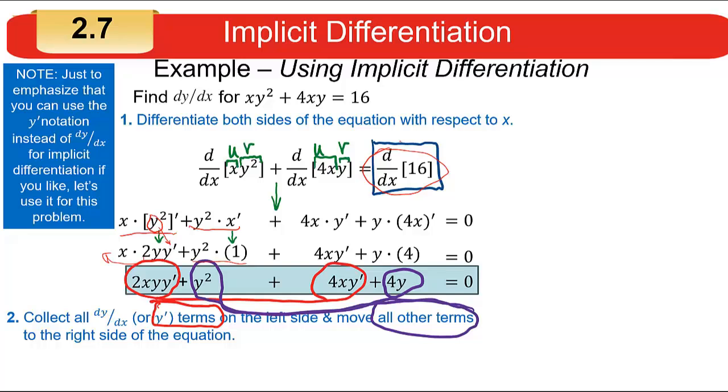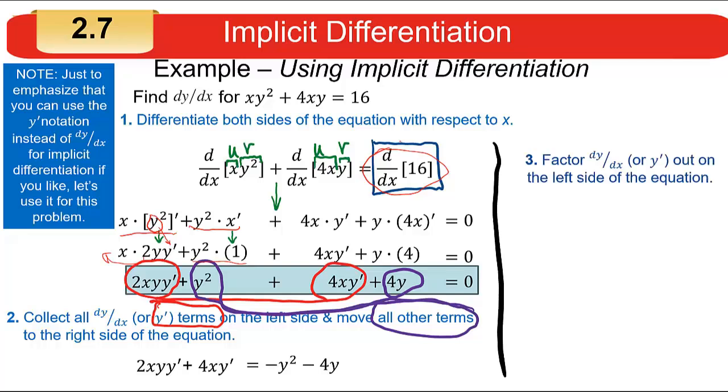The two terms that don't have y prime in it go to the right, which means you've got to subtract y squared from both sides and subtract 4y from both sides. And you get 2x y prime plus 4x y prime equal to minus y squared minus 4y. Make sure you understand how you got that far.